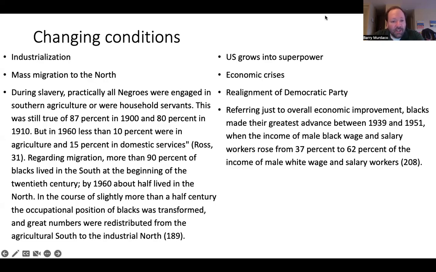Regarding migration, more than 90% of Blacks lived in the South at the beginning of the 20th century. By 1960, about half lived in the North. So significant changes here. In the course of slightly more than a half century, the occupational position of Blacks was transformed, and great numbers were redistributed from the agricultural South to the industrial North.